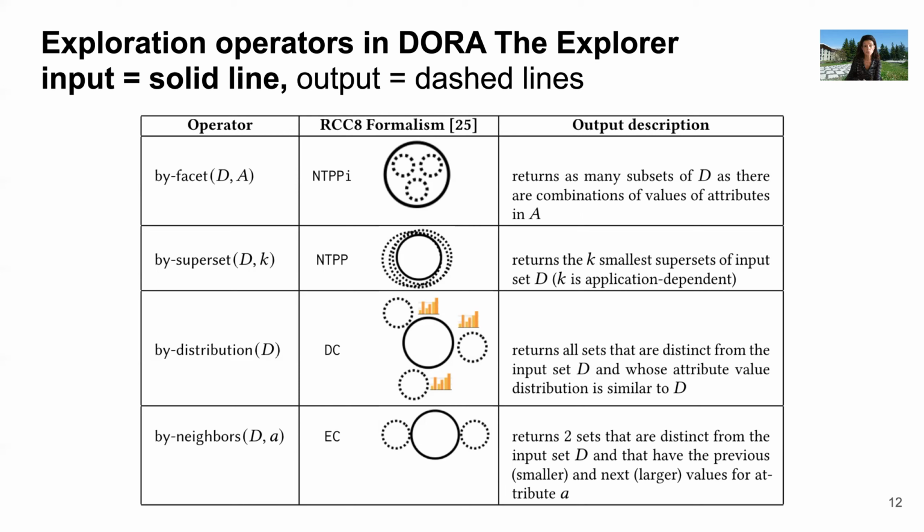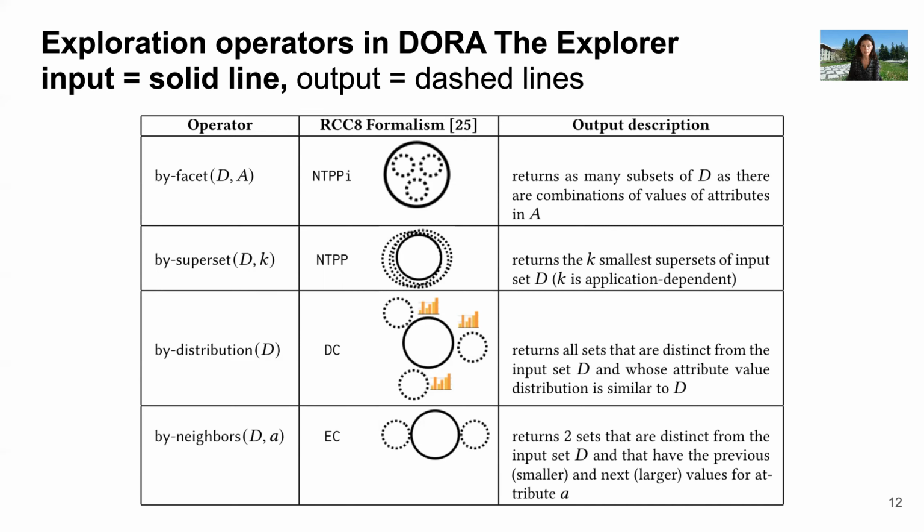And then the last 2 are very specific to this dataset. By distribution takes an input set D that has a certain distribution over some attributes that describe galaxies, and finds k sets that are the closest in terms of their distribution for the same attribute.